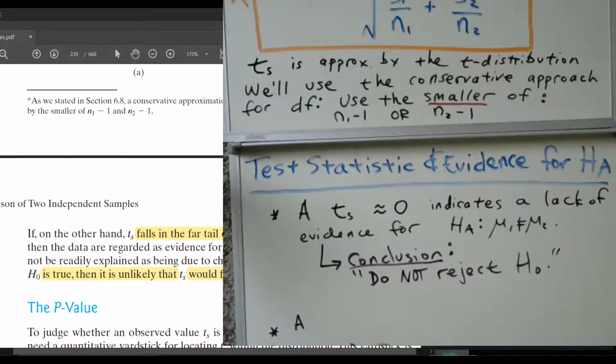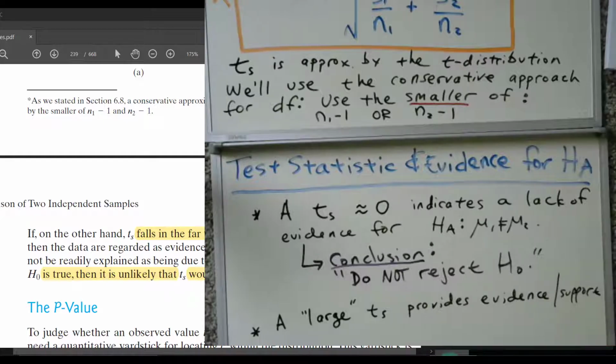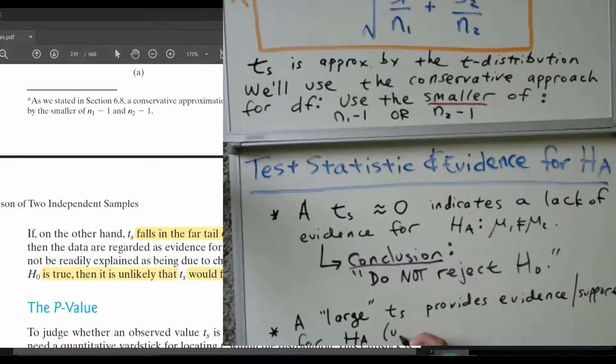A large, and I'm putting it in quotes because we still need to discuss what small and large is, a large test statistic provides evidence or support for the alternative hypothesis, or it is unlikely that the null hypothesis is true.